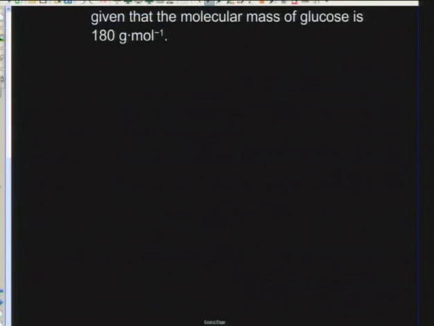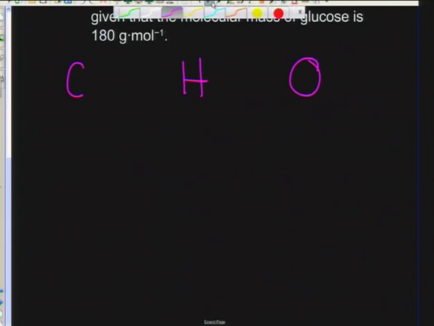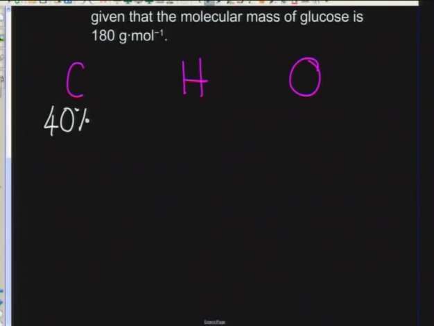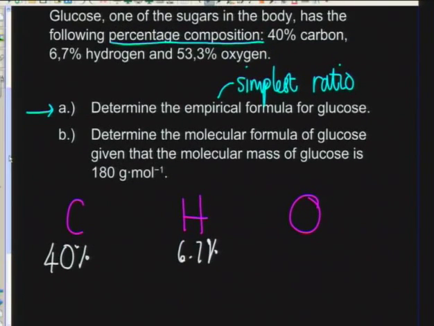empirical formula first. I'm going to start out by writing at the top here, carbon, hydrogen, oxygen. For carbon, we were told that 40% of this mass is carbon, 6.7% of this mass is hydrogen, and oxygen was 53.3% oxygen.